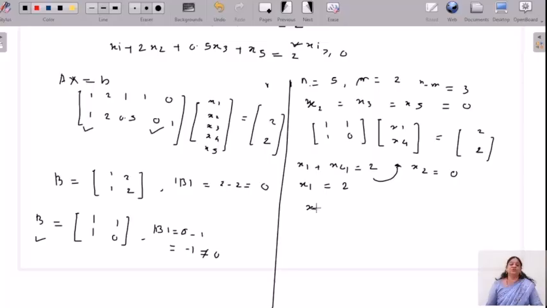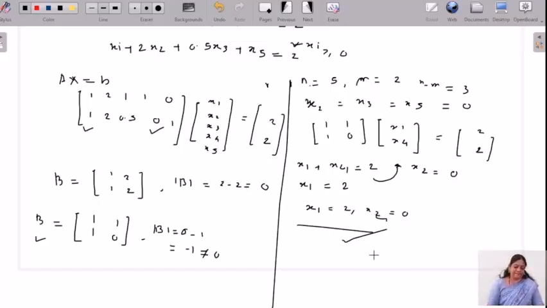Therefore our solution is x1 is 2, x4 is 0, and all the variables which we have set equal to 0, that is x2, x3 and x5, are also 0. This is called the basic solution. And these variables x1 and x4 are called basic variables, and x2, x3, x5 are called non-basic variables.